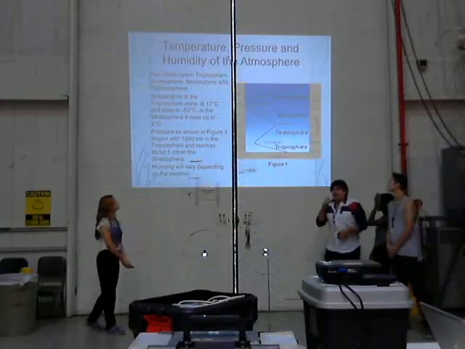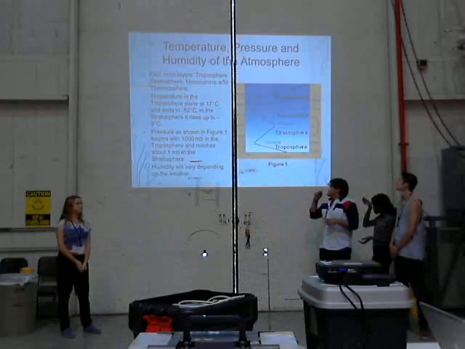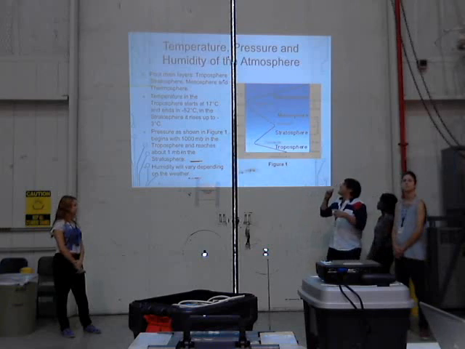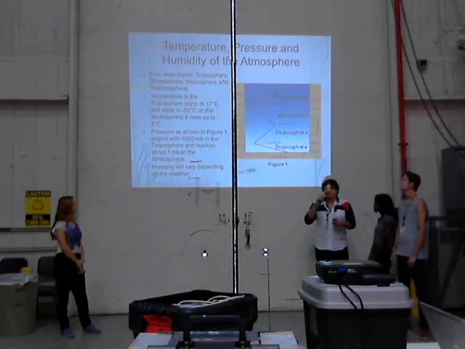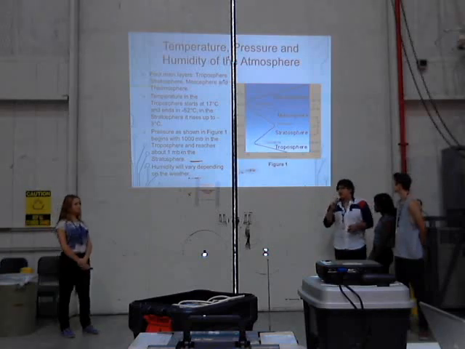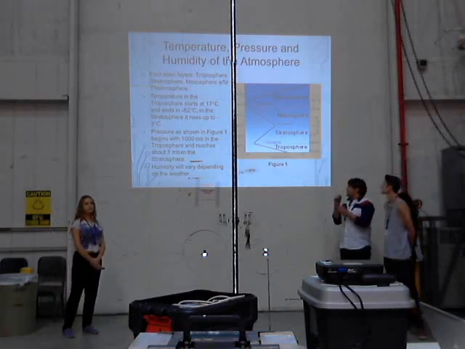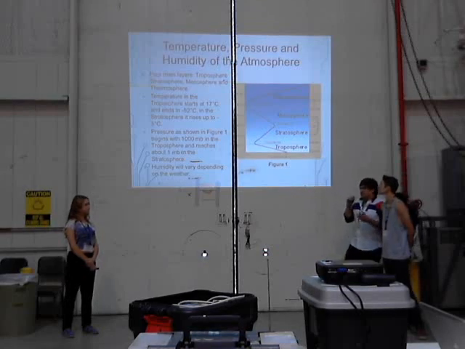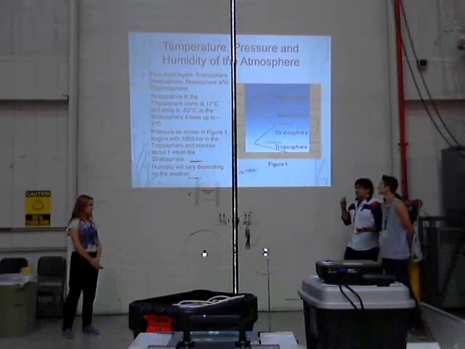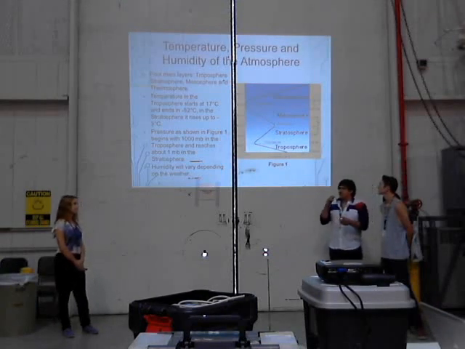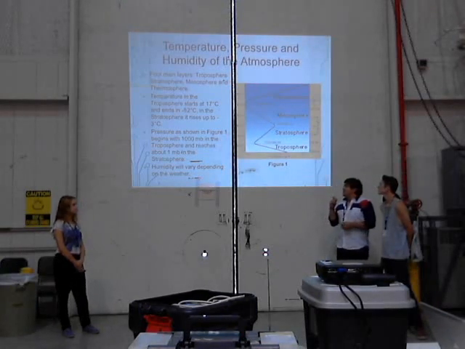Our atmosphere has four main layers, starting with the troposphere at the bottom, then the stratosphere, mesosphere, and thermosphere. For this experiment, we're only going up 100,000 feet, so we're getting to the stratosphere. The temperature in the troposphere, which is the lowest layer, starts at the temperature we have today and goes down to negative 52 degrees.